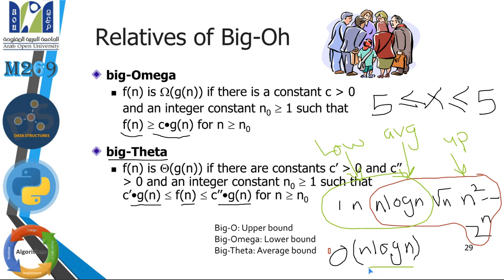the big omega of the code is what? No. Omega is the lower. Omega is the lower.